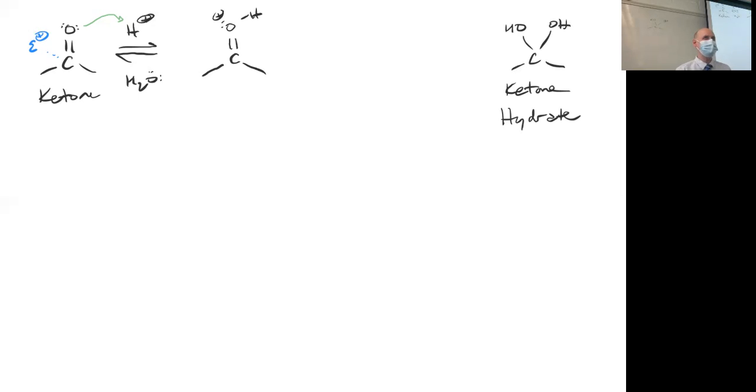Who's pulling them away? So the oxygen here in a normal ketone or aldehyde is pulling away on those electrons somewhat. But let's shift over to this protonated ketone. Thinking about the oxygen in a normal ketone, it's neutral, but it would like more electrons, so it pulls electrons away from carbon.